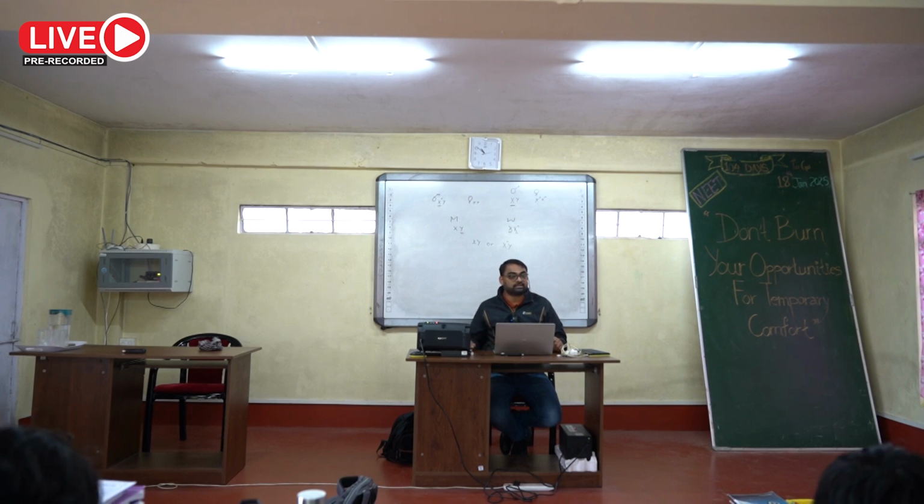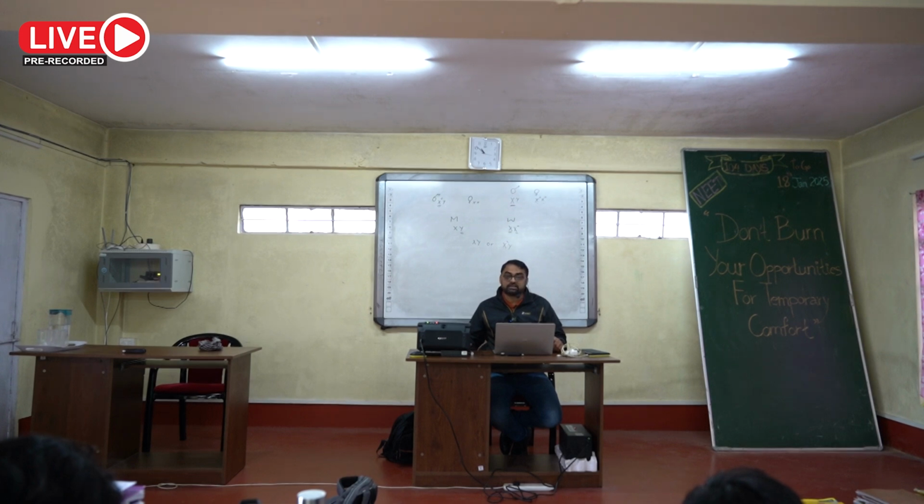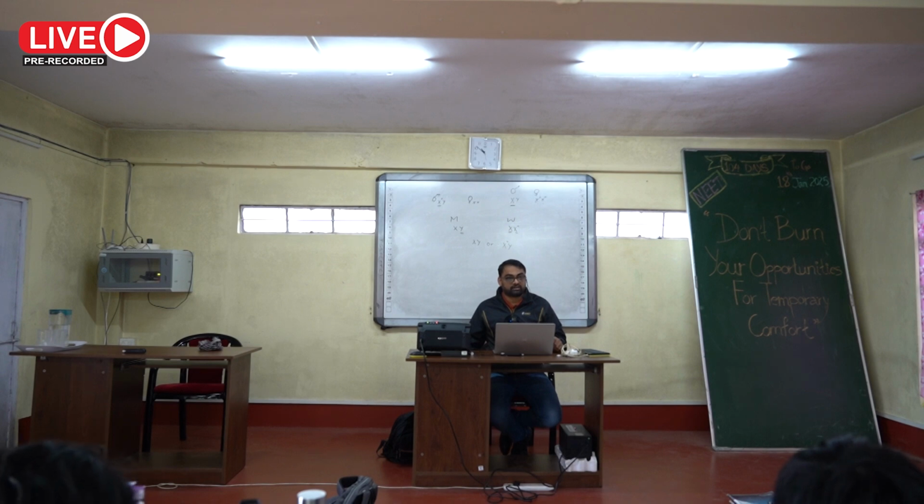P square is 360. 2PQ is 480. Q square is 160. Correct?